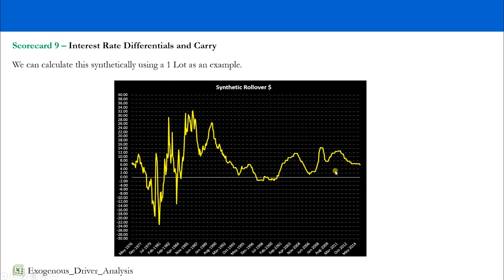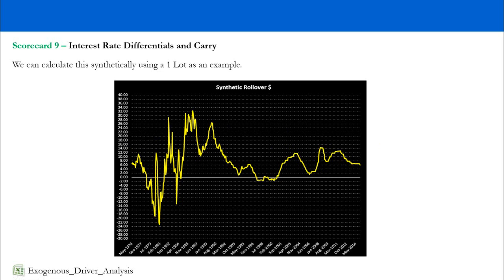We also want to be understanding and charting the currency pair against the interest rate differential and the percentage rollover and synthetic rollover. We want to be charting the currency pair against this to look for the relationship of the carry and the value of the currency pair. We want to be looking at the magnitude of the positives and the negatives and the direction relative to the currency pair.